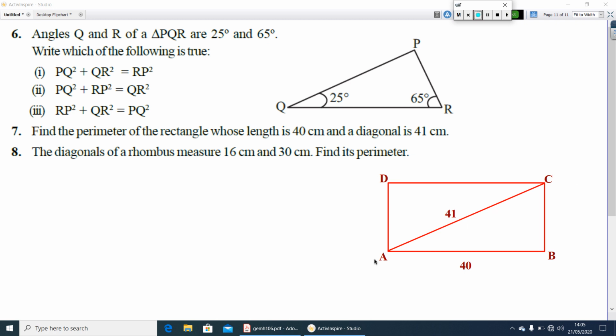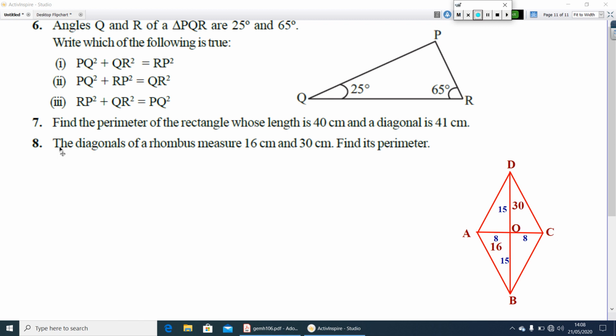So you can write AC square is equal to AB square plus BC square by Pythagoras theorem. Then find out the length BC. After getting length BC, that is the breadth of this rectangle, you can find the perimeter by the formula 2 into L plus B. Do try it.